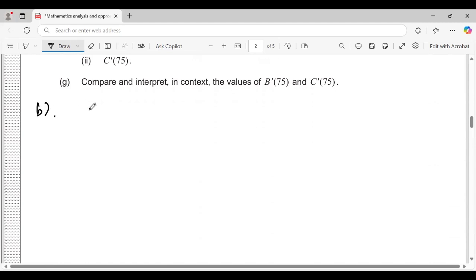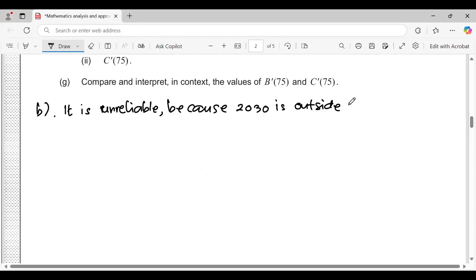B, the student's prediction is unreliable because the year 2030 is outside the range of data.